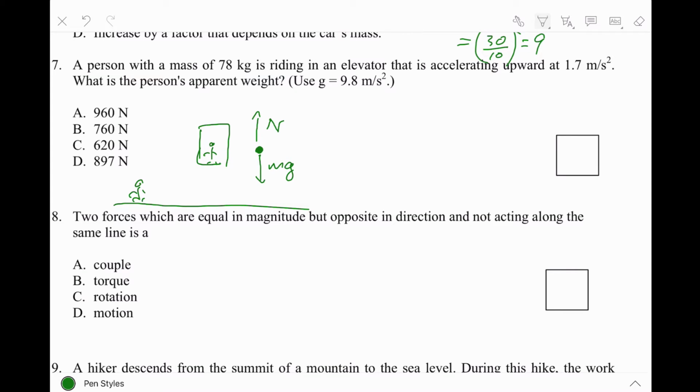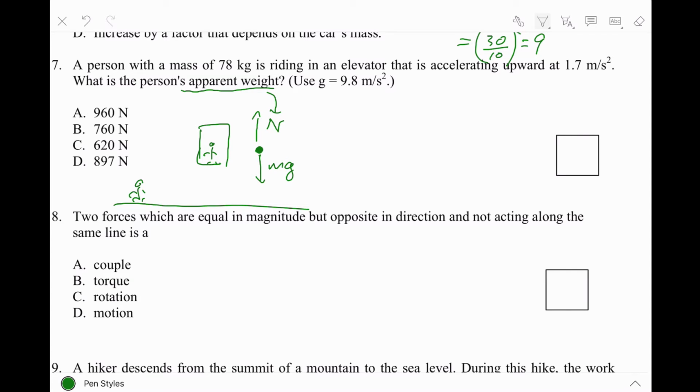Remember, this is the first thing you have to realize. The so-called apparent weight is your normal reaction. Just like here, when you're standing on the floor, you feel you have weight just because the floor is supporting you. Think about when you jump from a height before you reach the ground.